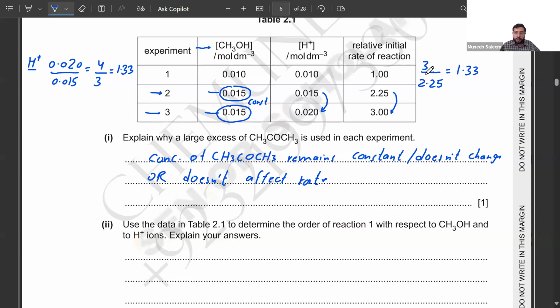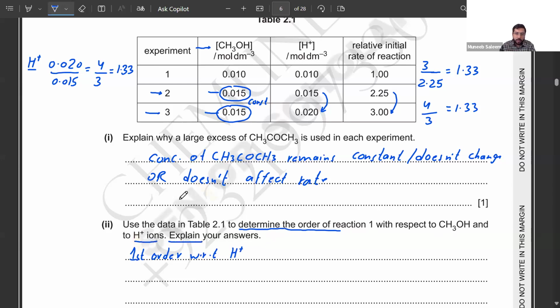This means the value has changed in the same manner, 4 over 3, because both give the same value, 1.333. So in other words, with respect to hydrogen ions, it is first order. This is the answer to this part, determining the order of reaction with respect to the hydrogen ions.